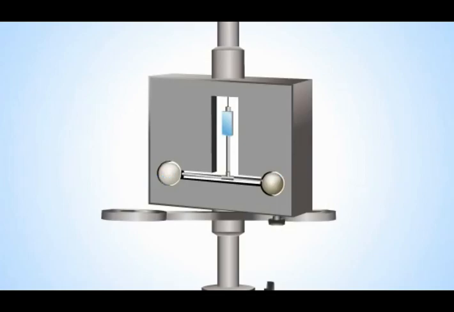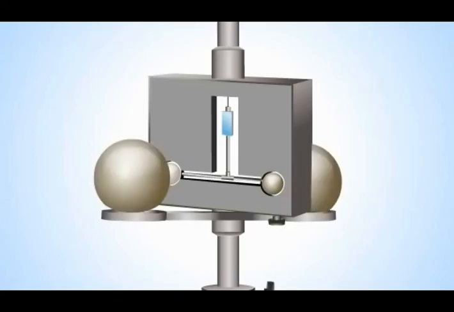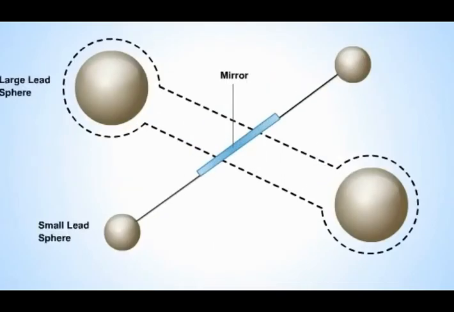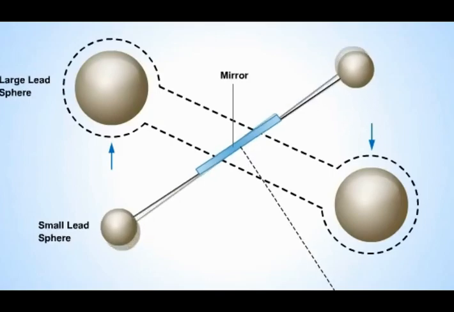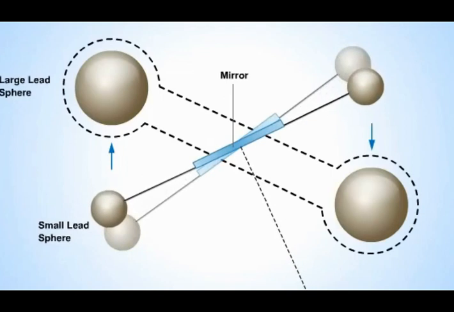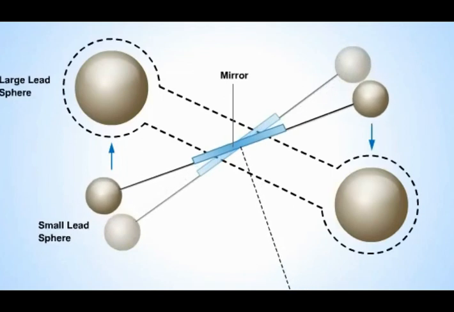And so what he decided to do is he wanted to measure big G. He wanted to know what was big G. So he put two really big lead spheres in a fixed position close to this apparatus. So he has these large lead spheres and he has the small lead spheres. And he saw that this thing started to rotate.